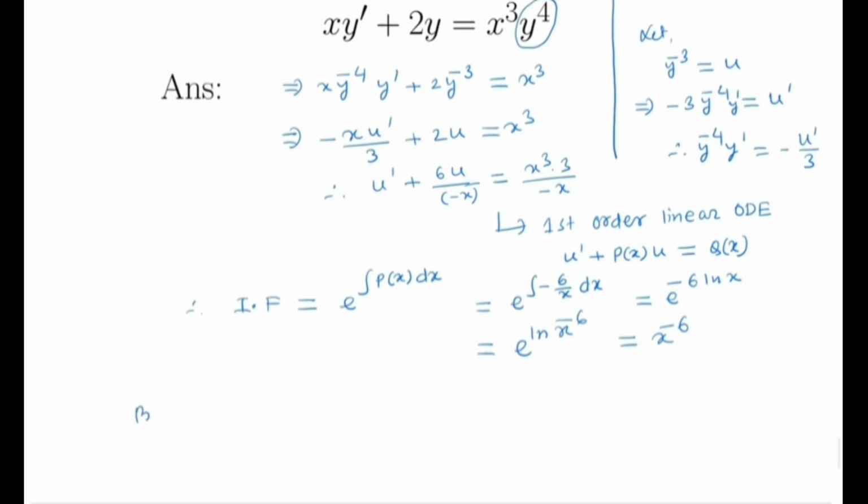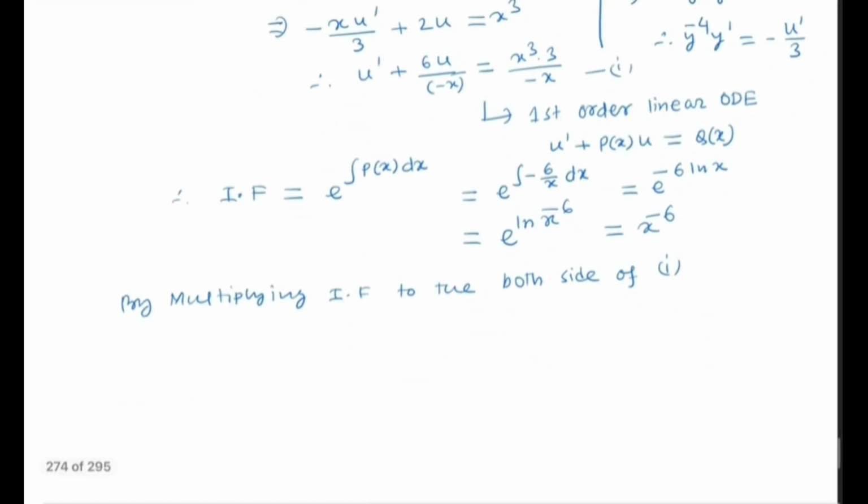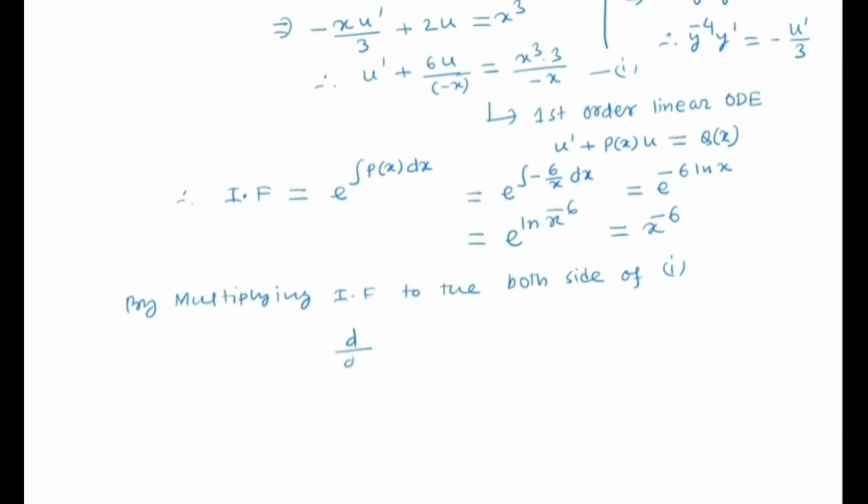So by multiplying the integrating factor to both sides of the equation, we get d/dx of u x to the minus 6 is 3x cubed by minus x into x to the minus 6.